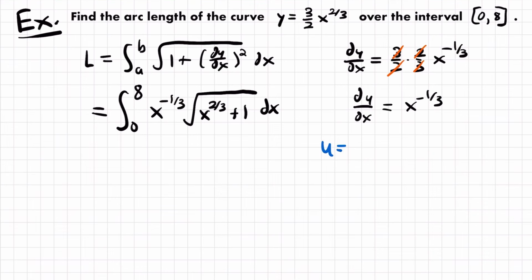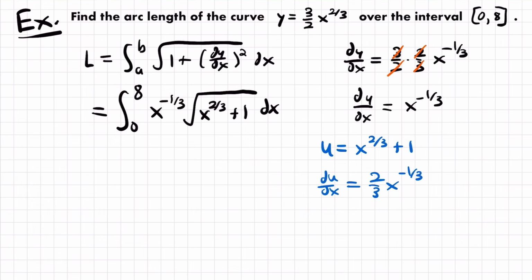So if we set u equal to x to the 2/3 power plus 1, and we take the derivative of that, so we'll have du dx is equal to 2/3 multiplied down and then subtract 1 from that exponent, we'll have 2/3 times x to the negative 1/3 power, right? Because 2/3 minus 1 is negative 1/3. And then if we take the derivative of 1, 1 is just a constant, so the derivative is 0. So du dx is equal to 2/3 times x to the negative 1/3 power.